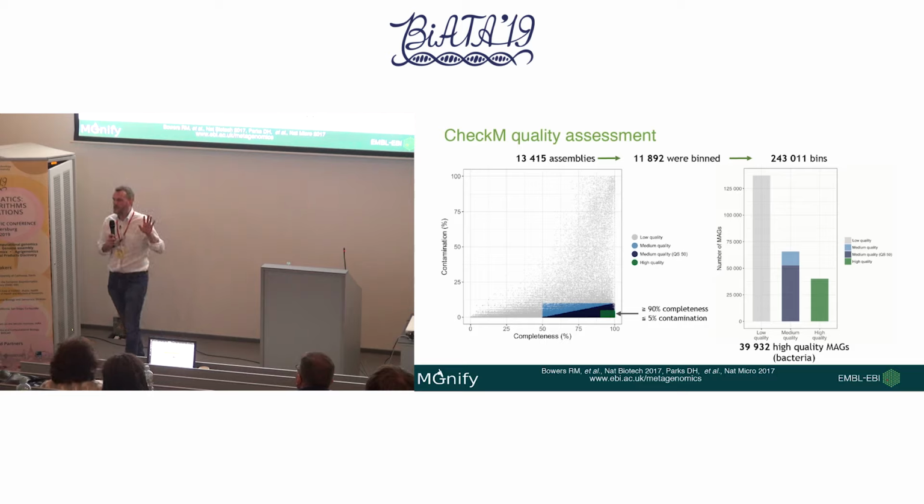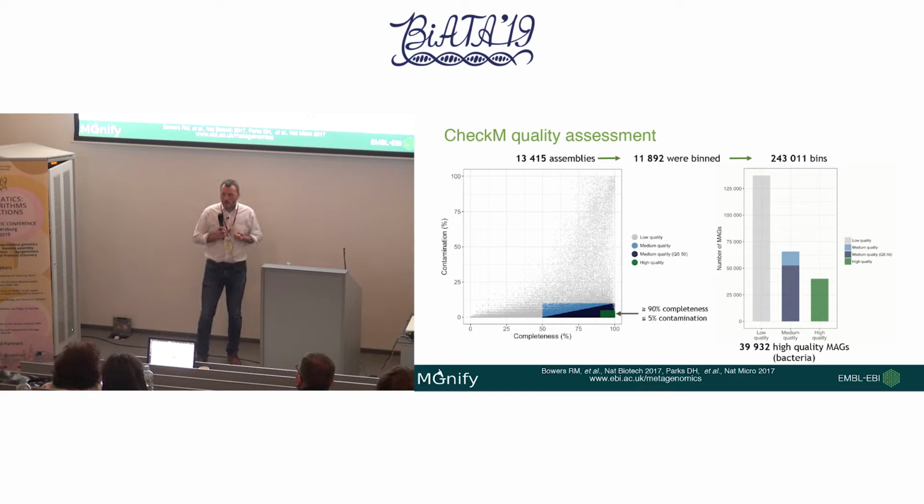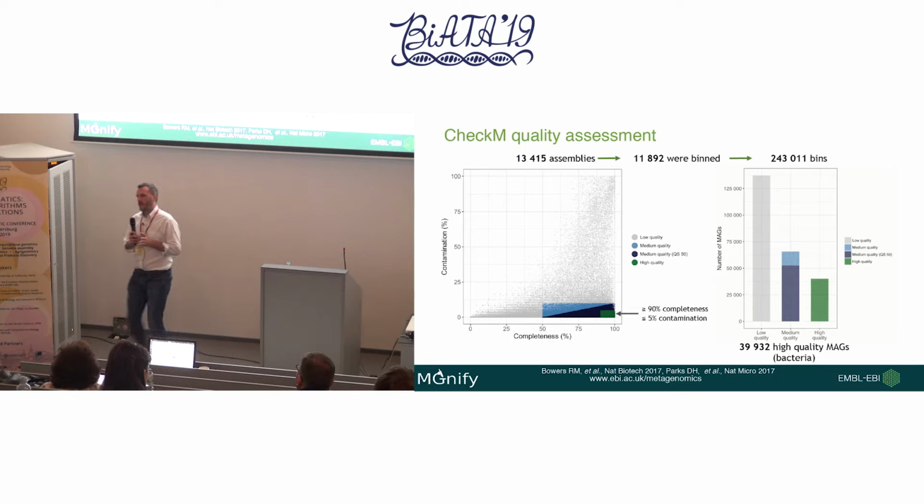Probably for the human gut, they're not so bad because you've got reasonable representation. But for more diverse environments like marine and soil, those profiles are not going to do so well. In terms of the composition of what we consider a single copy marker gene, again, they are skewed because of the fact that it's what we know from the reference database.